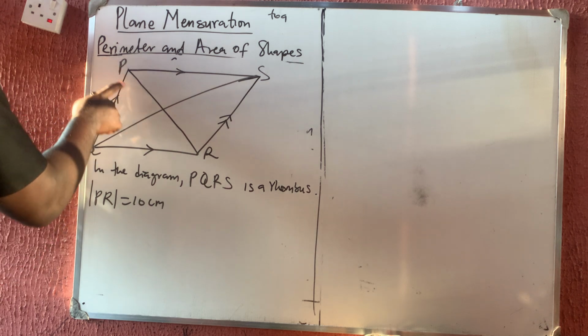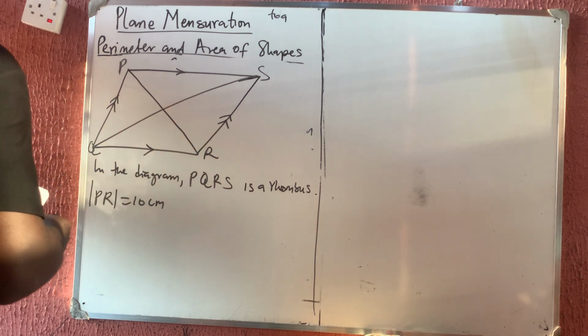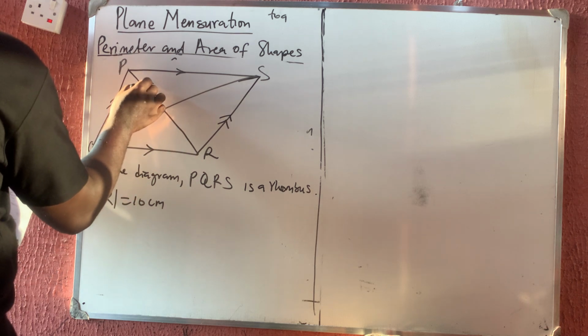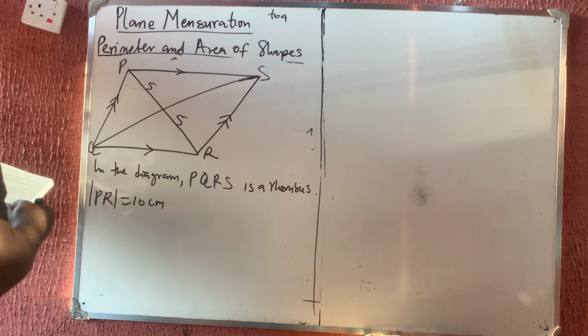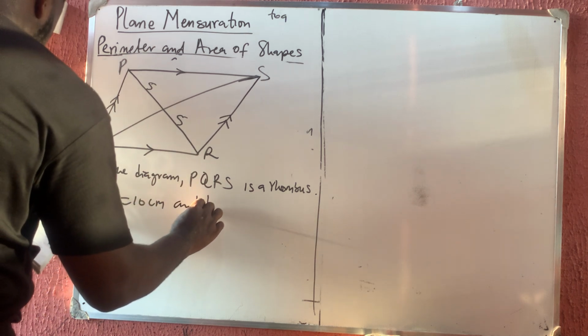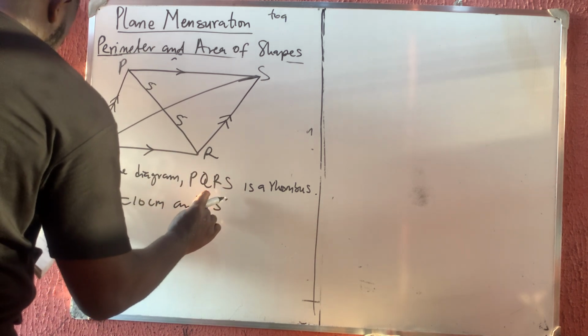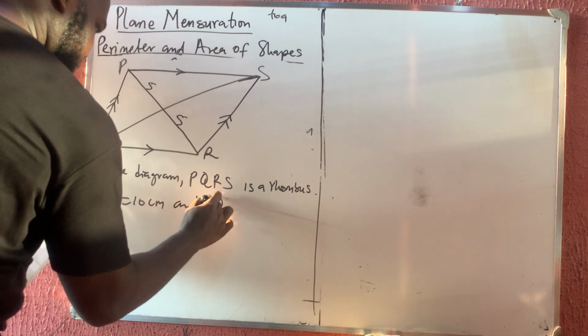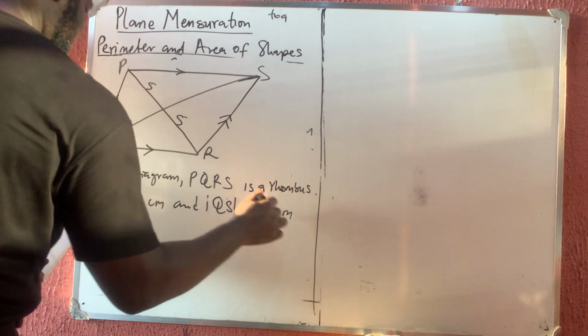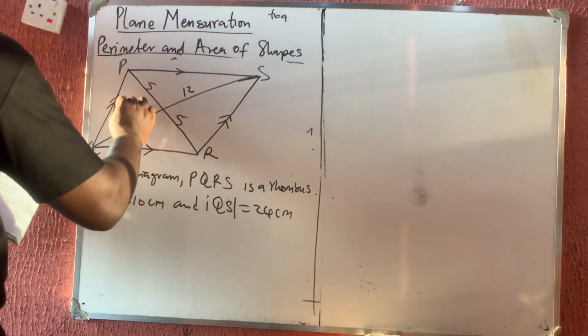So if it is 10 cm, therefore here will now be 5 and 5. And line QS is equal to 24 cm. So here should be 12, here should be 12.